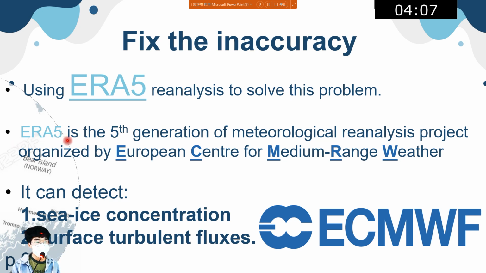ERA5 is the 5th generation of the meteorological reanalysis project organized by the European Centre for Medium-Range Weather Forecasts. It can provide the sea ice concentration and the surface turbulent fluxes, so we use them to fix the errors from 1974 and 1975.